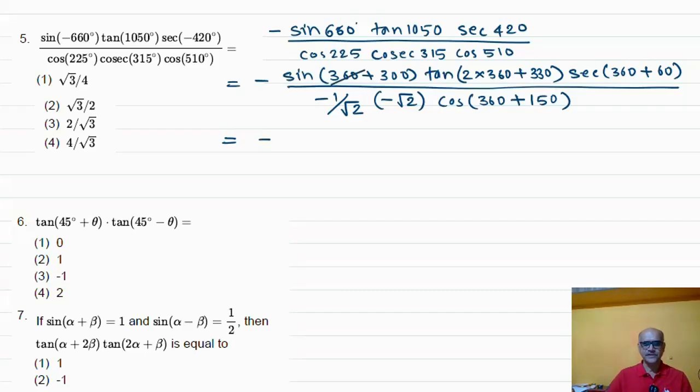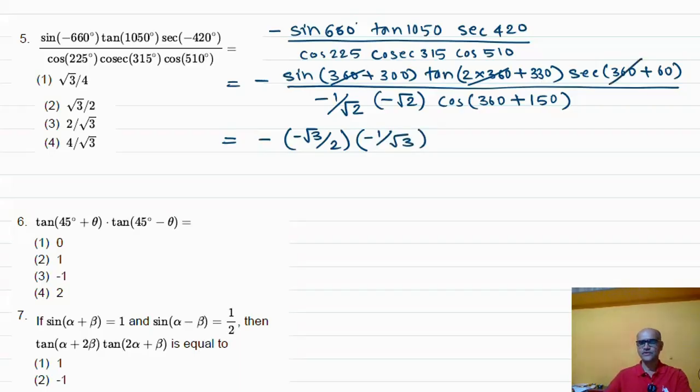So this leaves sin 300, which is in the fourth quadrant, sin 60, so its value will be minus root 3 by 2. Here again we drop 2 into 360. 330 is in the fourth quadrant, tan is negative, so 360 minus 30, it will be minus 1 by root 3.